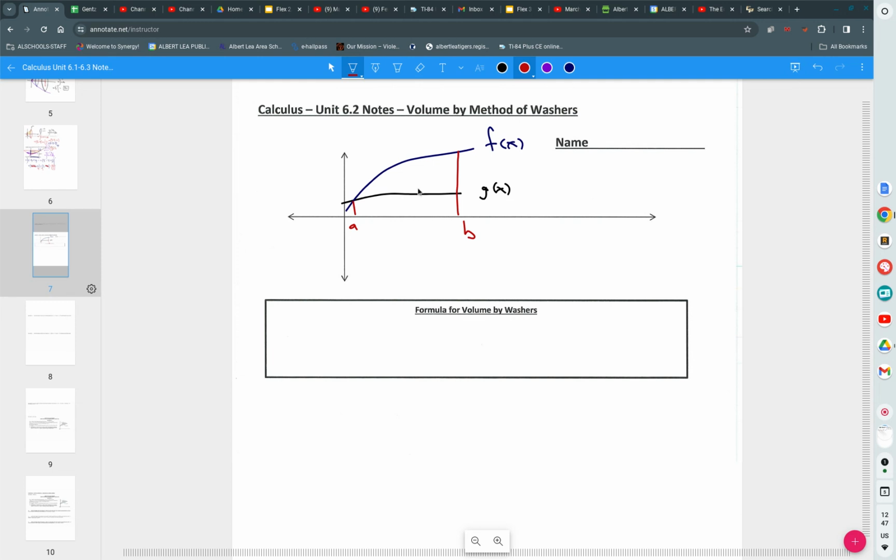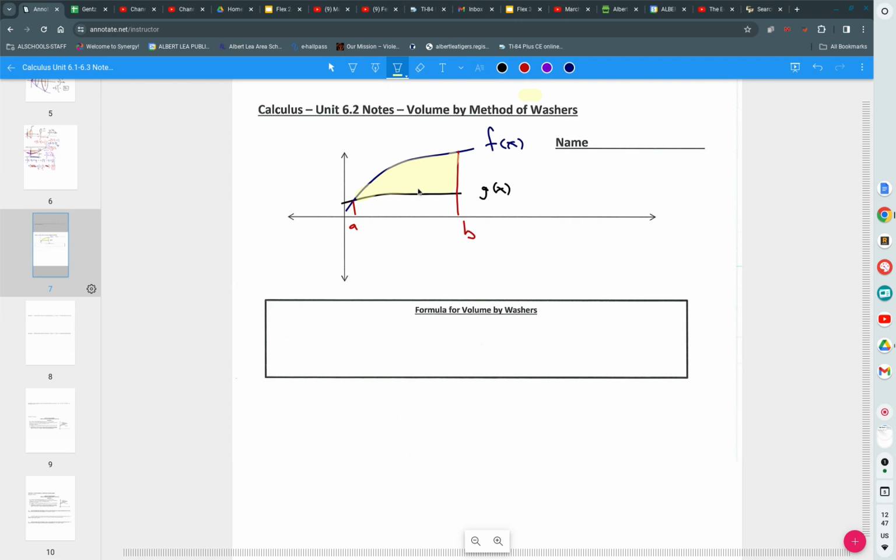And what we're going to do is take the area bounded between the two functions, like this space right here. And that's the space that we are going to revolve around the x-axis.